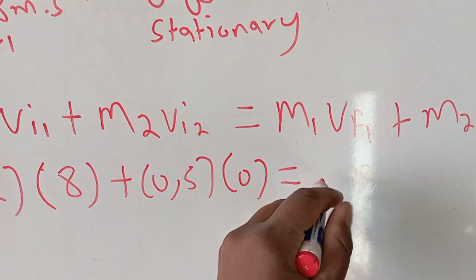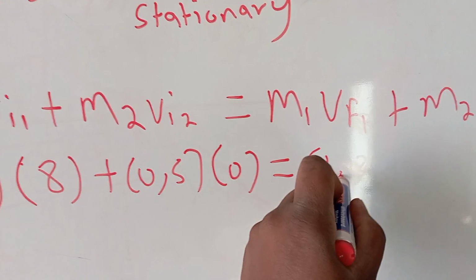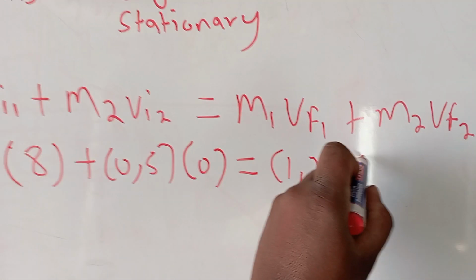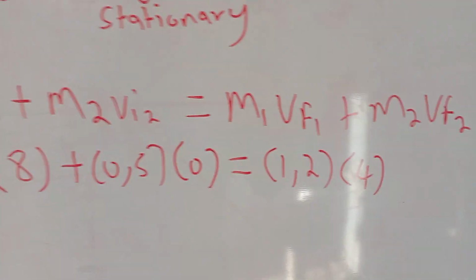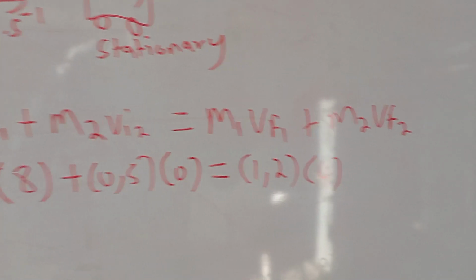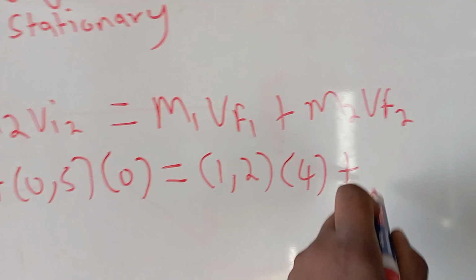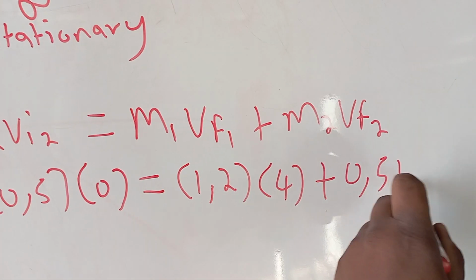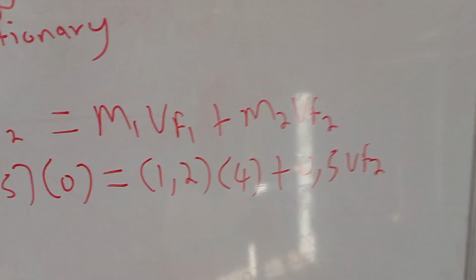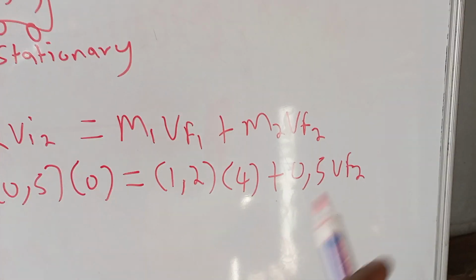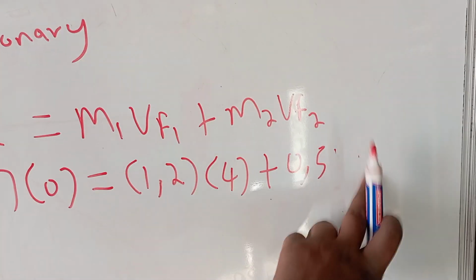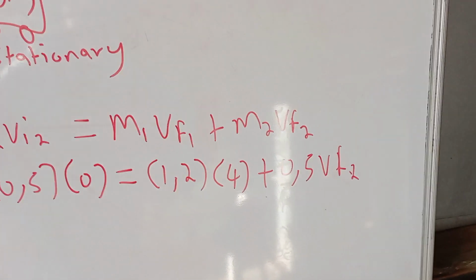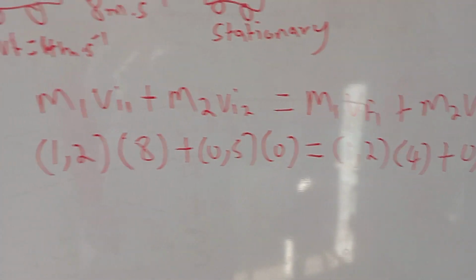M1 is still 1.2, the mass of the first trolley, and the final velocity is 4. Then plus M2, 0.5, and the final velocity VF2, which we don't have. It's what we want to calculate, the final velocity of the second trolley.